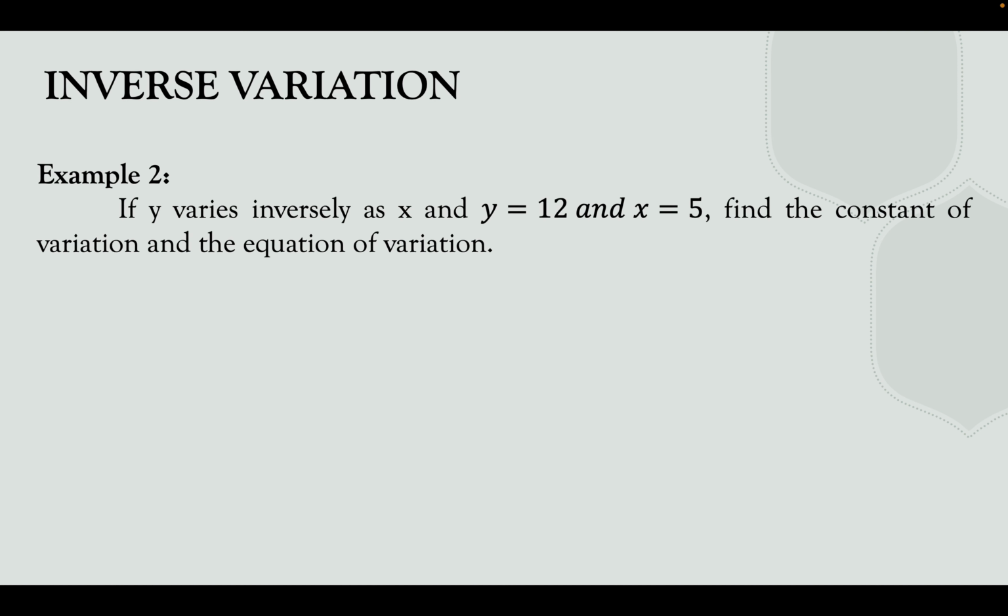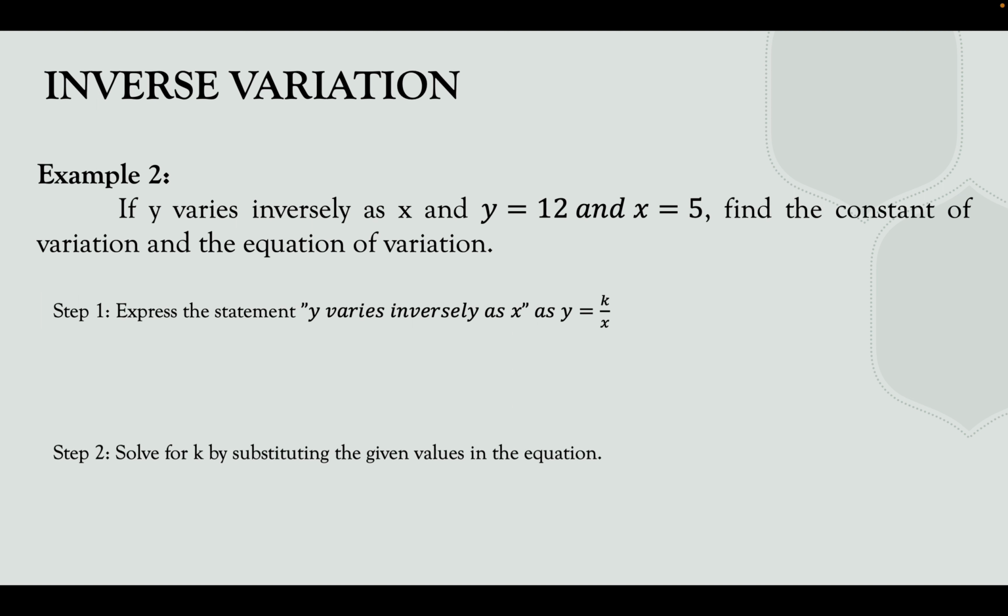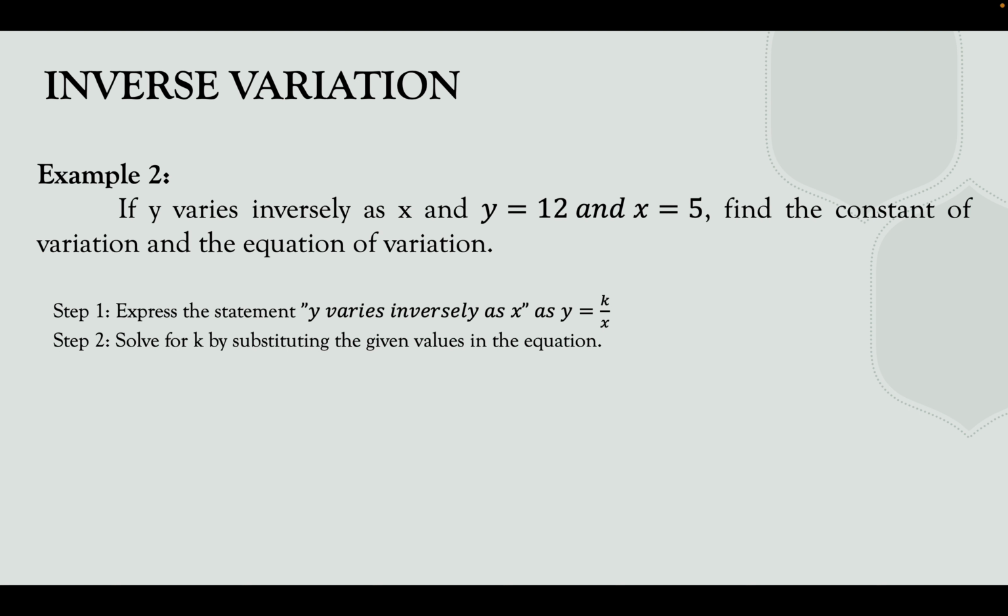Let's have example number 2. If y varies inversely as x and y is equal to 12 and x is equal to 5, we need to find the constant of variation and the equation of variation. Step number 1, we need to express the statement y varies inversely as x as y equals k over x. Step number 2, we need to solve for k by substituting the given values.